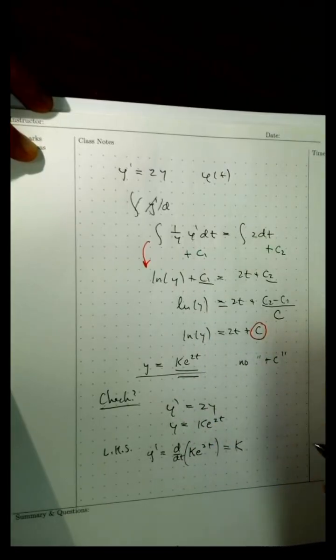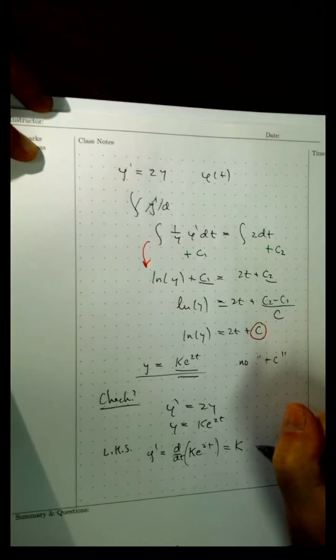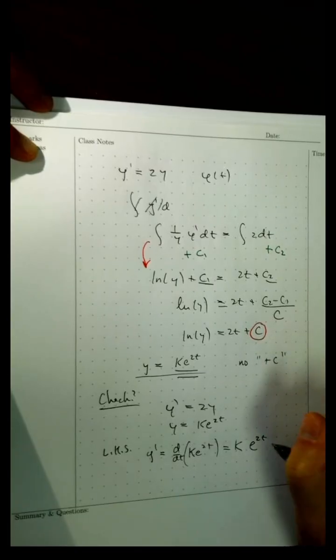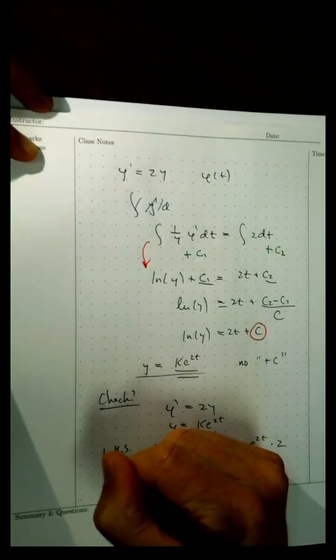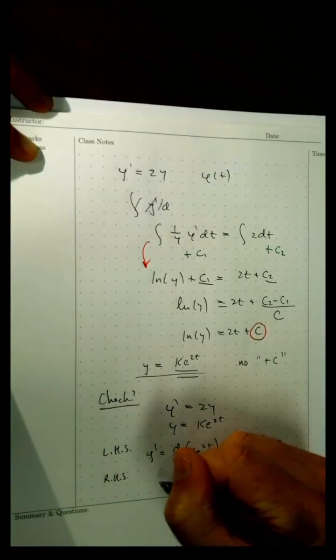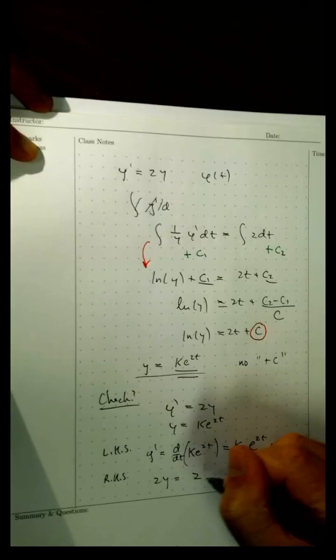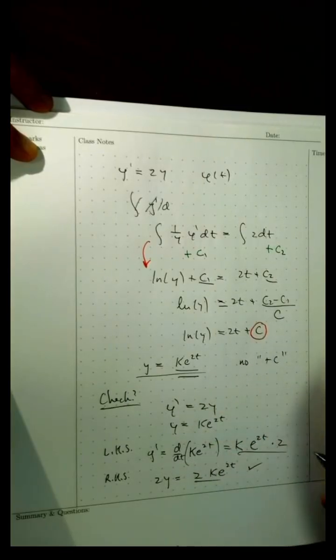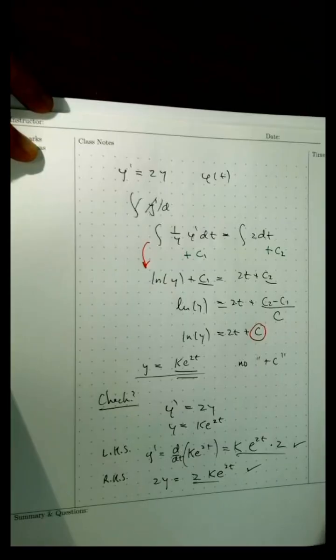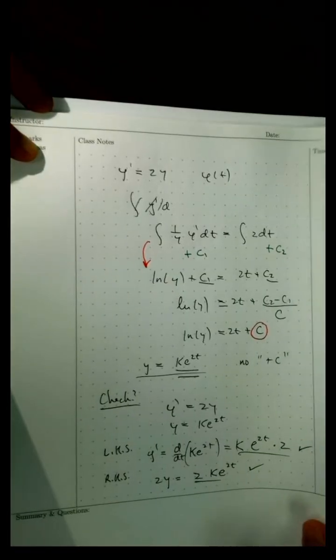I can just pull the constant out and take the derivative of e to the 2t. That's going to be e to the 2t times the derivative of 2t, which is 2. On the right-hand side, 2 times y is 2 times k e to the 2t. Left-hand side is equal to the right-hand side, and life is good.